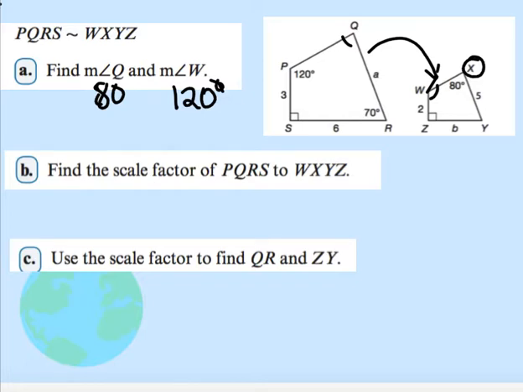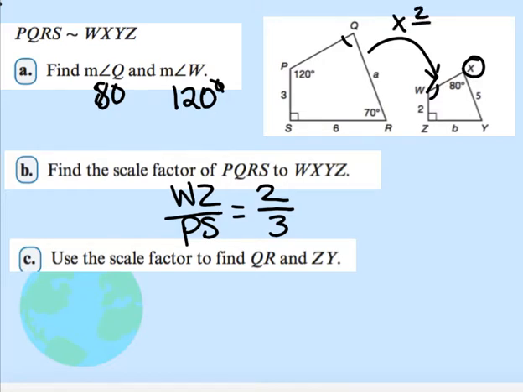I want WZ to PS. I picked those because we actually have measures for those. That's 2 to 3. So going from the big one to the small one, I multiply by 2 over 3.